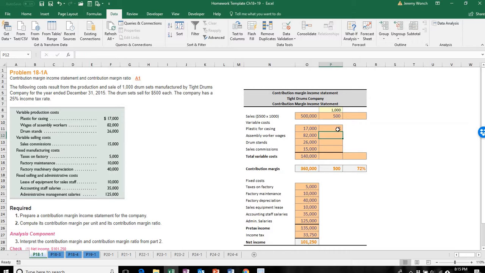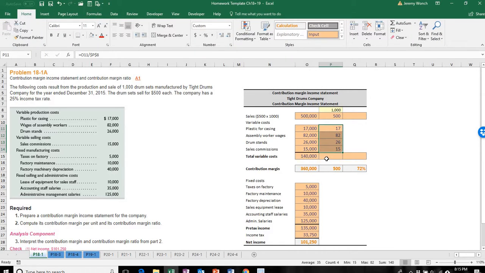Let's just lock that down, and we can drag it. So our variable cost per unit is $140. We sell it for $500, and automatically $140 goes out towards variable cost. So we have $360,000, or $360 per unit, to contribute to fixed cost.